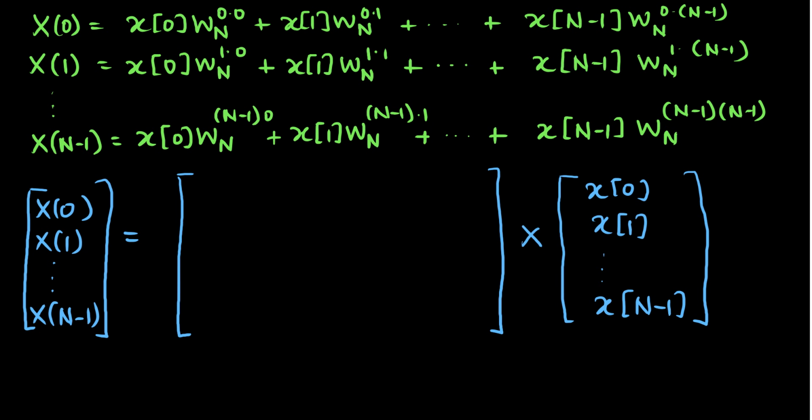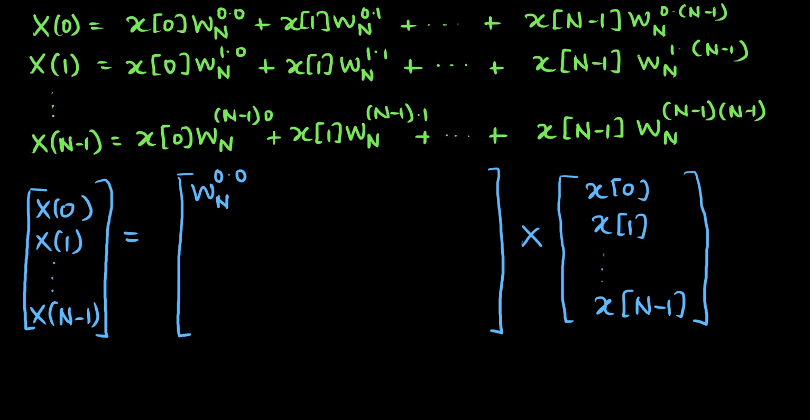So we need to have a matrix multiplication, and if we observe for x of 0, this small x of 0 is to be multiplied by Wn to the power 0 into 0. So in order to get capital X of 0, we need to multiply small x of 0 by Wn to the power 0 into 0.